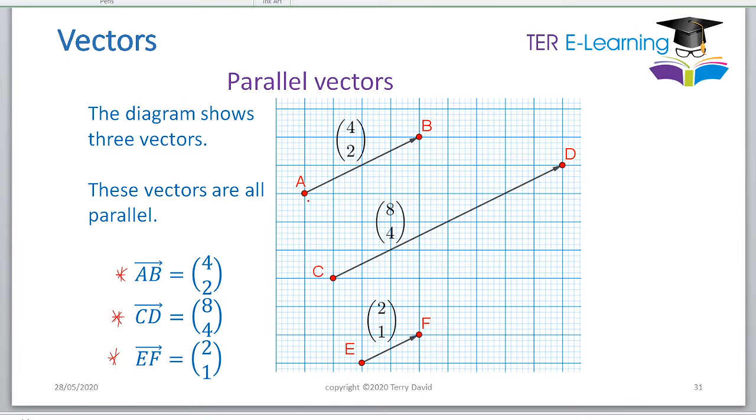Now, sometimes we can just be given the column vectors alone, no diagram, and we have to be able to see if those vectors are parallel or not. Now, can anybody remember how we can tell if vectors are parallel?